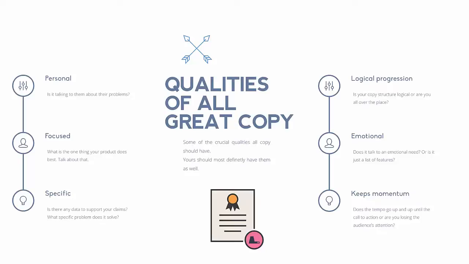It also needs to be emotional. We've already discussed this with you going from the features layer to the functions, the practical benefits, and then to the emotional benefits. And also it needs to keep momentum. When people are ready to buy, don't stand in their way and make it easy for them to become clients.